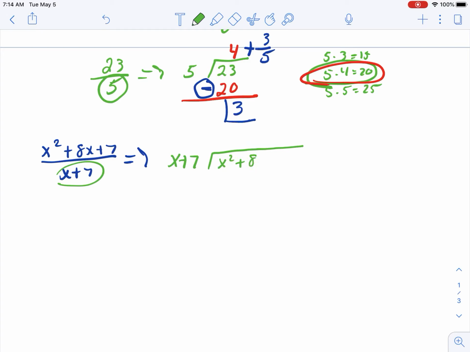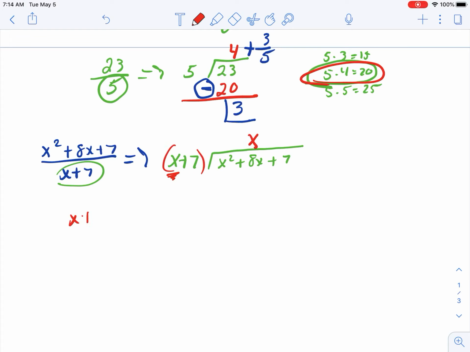I have x squared plus 8x plus 7. Now I'm going to try to look at this value here. So the first thing I'm going to multiply here, and I'm going to put an x here.